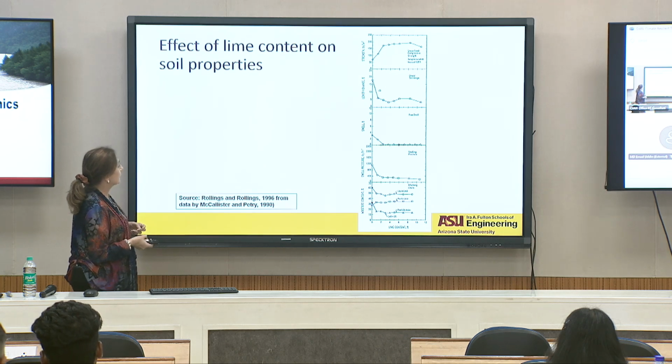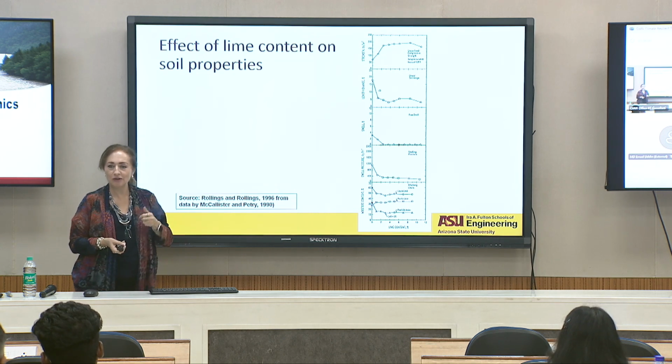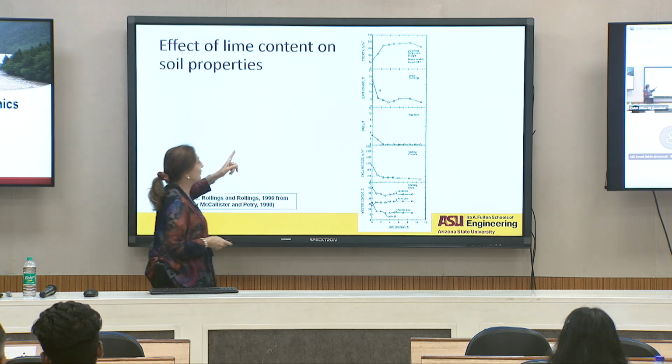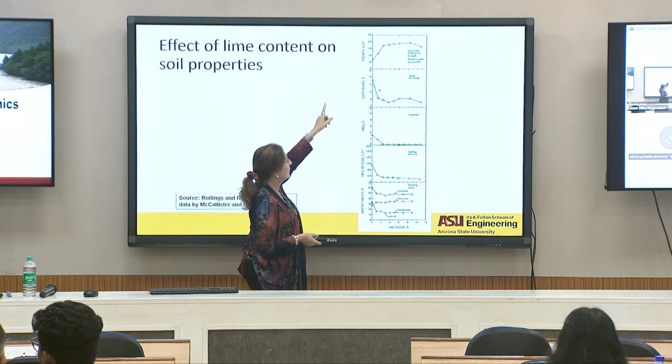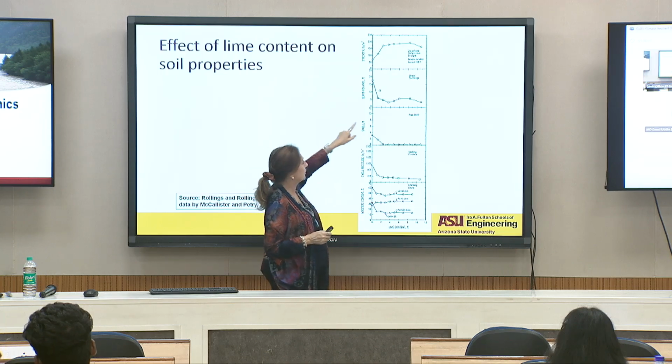Okay, this is the effect of lime content on the soil properties. Usually I give my students a question on that. It's not on your exam today, okay? But basically, the strength improves with the adding of lime content. The length change, which is the shrinkage behavior on the linear shrinkage test, is a simple test that has been done also.